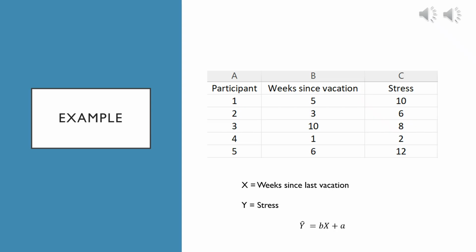And where we're headed with all this is we need to ultimately find the equation for a line that represents the relationship between weeks since last vacation and stress. So the whole point of this is to figure out the equation for this line. And we're going to start actually with the slope. We're going to try to calculate the slope, but we're going to have to do a couple things on the way there.